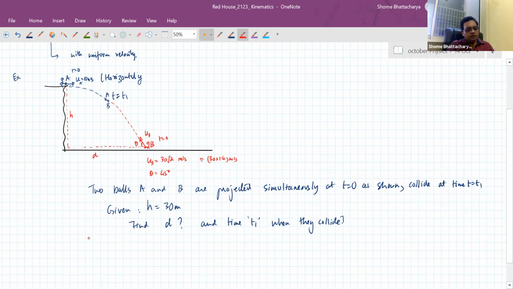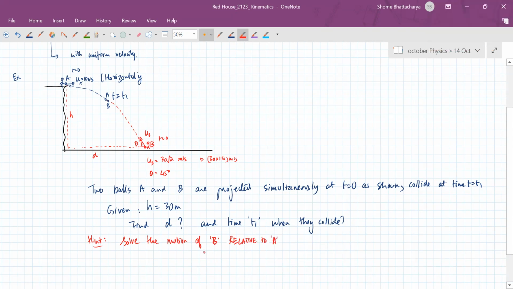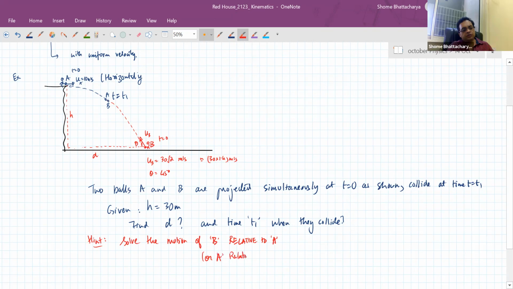So again, let's take it as a hint to solve this problem that we have to solve the motion of, let's say, B relative to A, or A relative to B, whatever be the case.